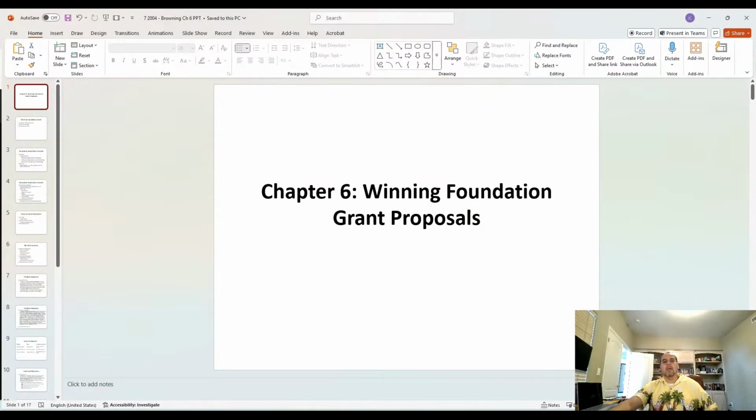Okay, we're going to be talking about foundation grants, particularly as we talked about in previous sessions, that there is a hierarchy to the grant game: federal grants, state grants, county grants. I think foundation grants usually are near the bottom, which is good and bad. The good thing is that it can always be your first grant.